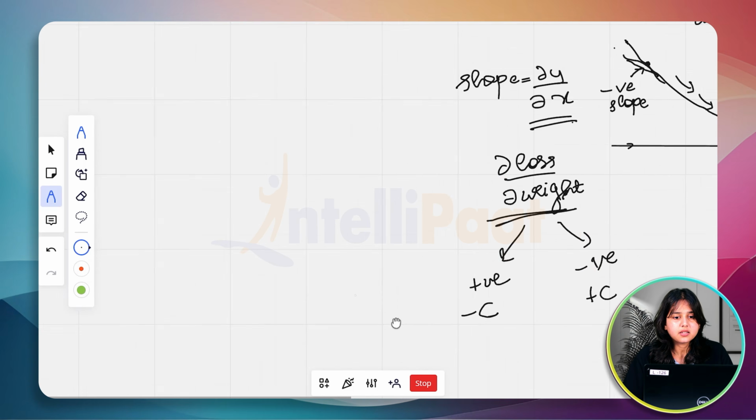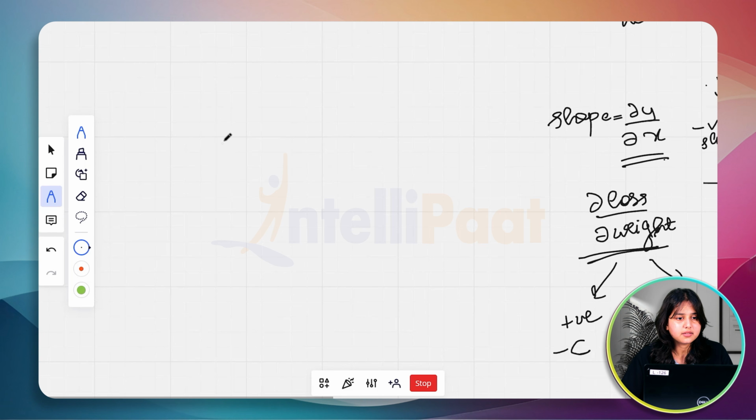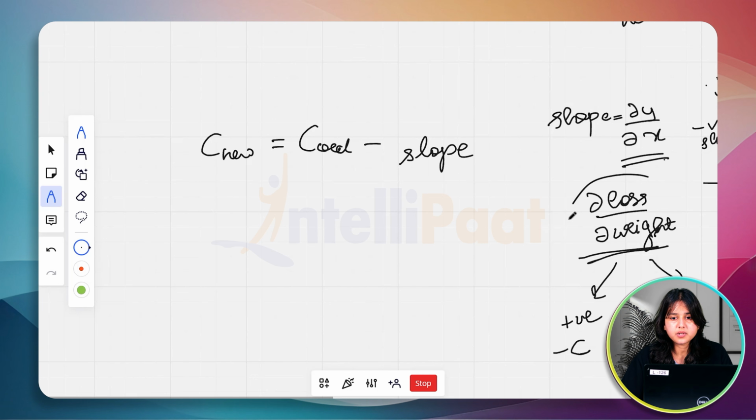So basically the formula for gradient descent can be calculated by C old minus the slope. Now our slope is basically this, right?